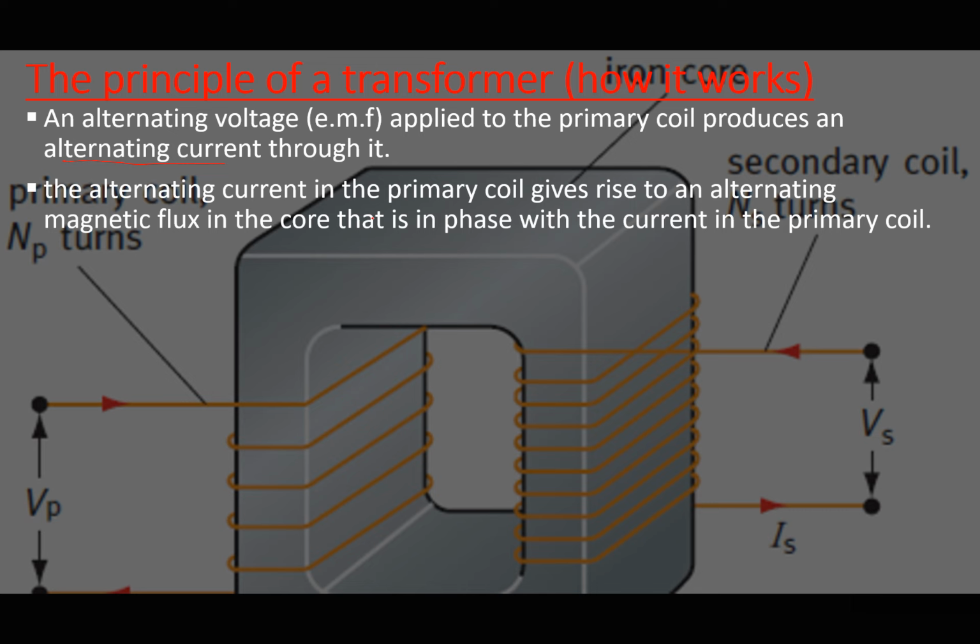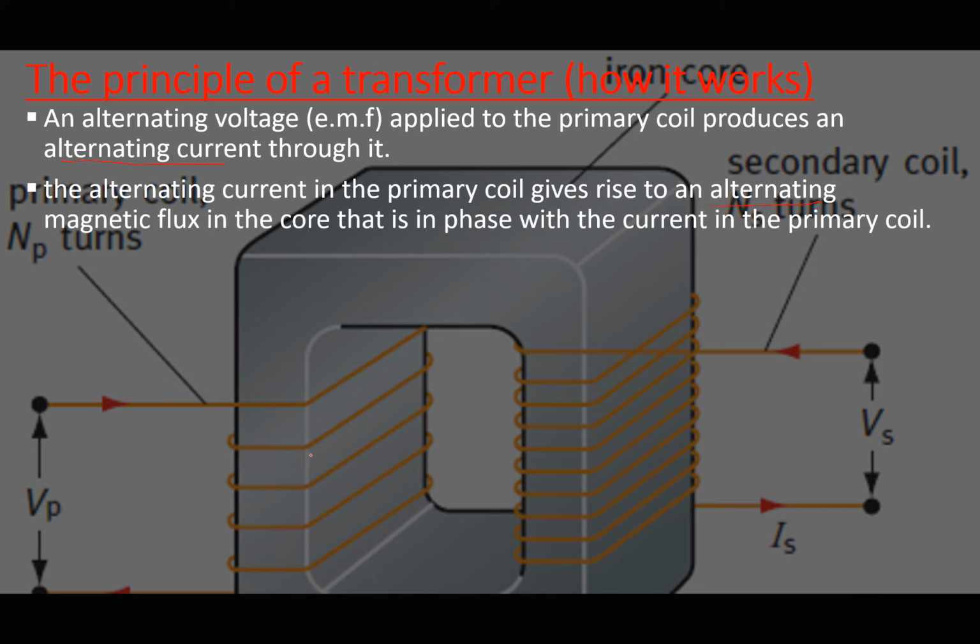So the alternating current in the primary gives rise to an alternating, when I say alternating, that is changing, magnetic flux in the core that is in phase with the current in the primary. Of course, if the current changes, the magnetic flux also changes.